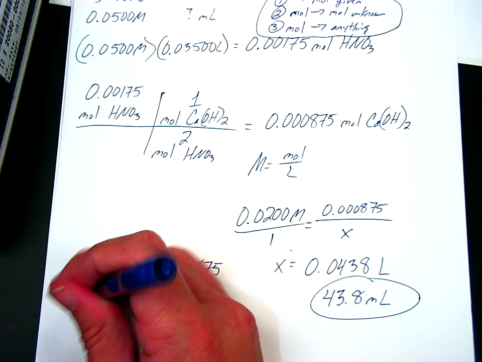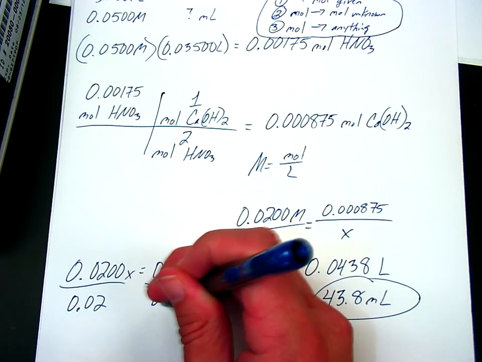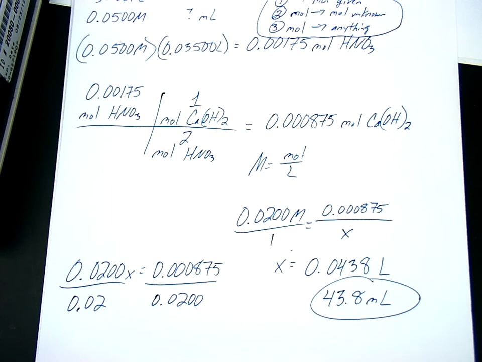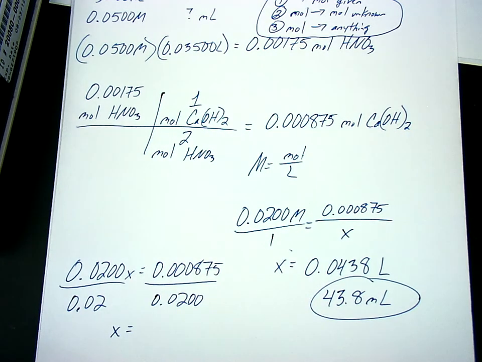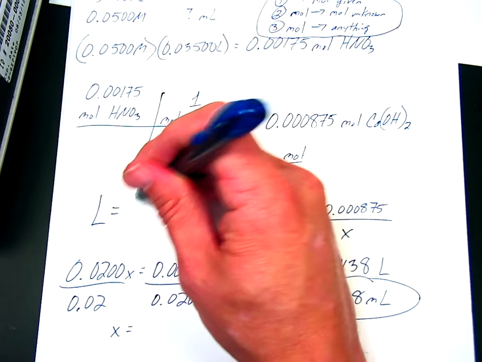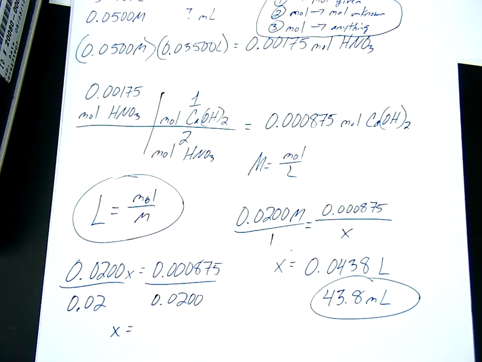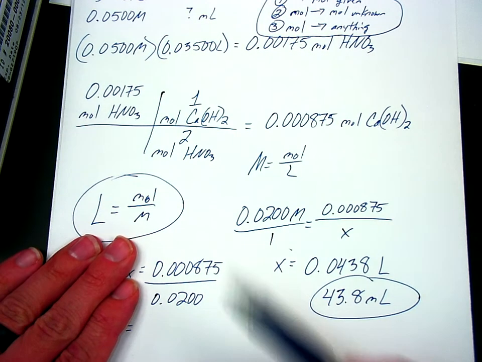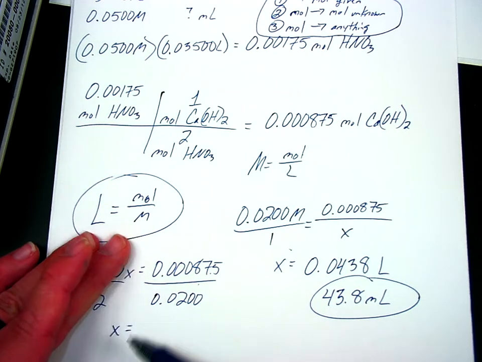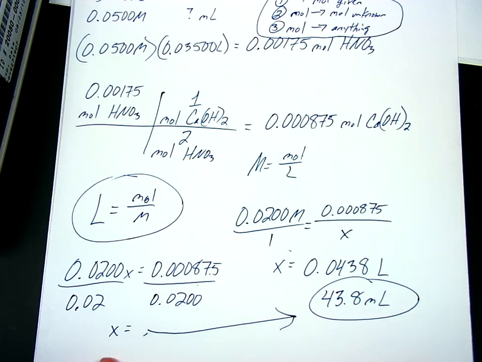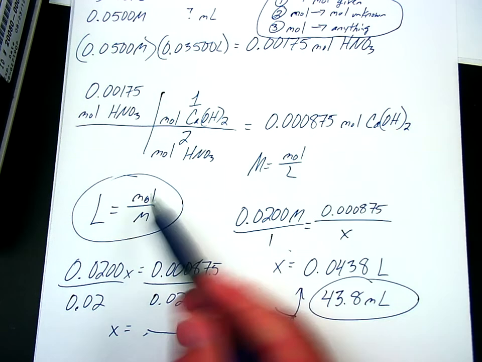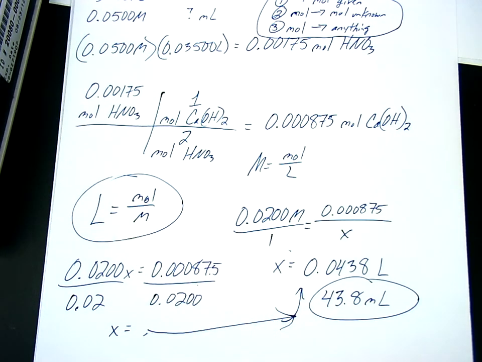Divide by 0.02 on both sides, and that'll give you X. Or you could just memorize that liters equals moles over molarity. There's an equation that's not given to you, but it's always true. Because that's what I did: moles divided by molarity equals liters. So however you want to look at it, this is just algebraic, the manipulation of the molarity equation.